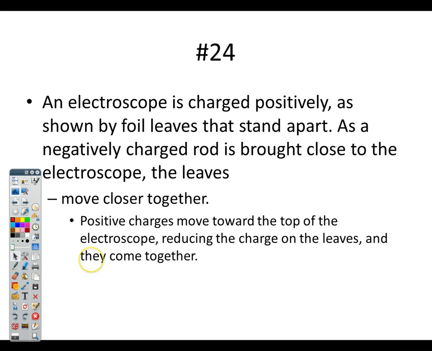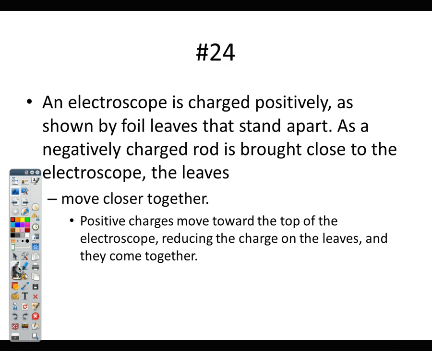For number 24, an electroscope, we've played with these in class, is charged positively. If you remember, the electroscope has the ball on the top and two metal leaves down on the bottom. This one is charged positively, as shown by foil leaves that stand apart because there is positive charge on here. As a negatively charged rod is brought close to the electroscope, the leaves move closer together.